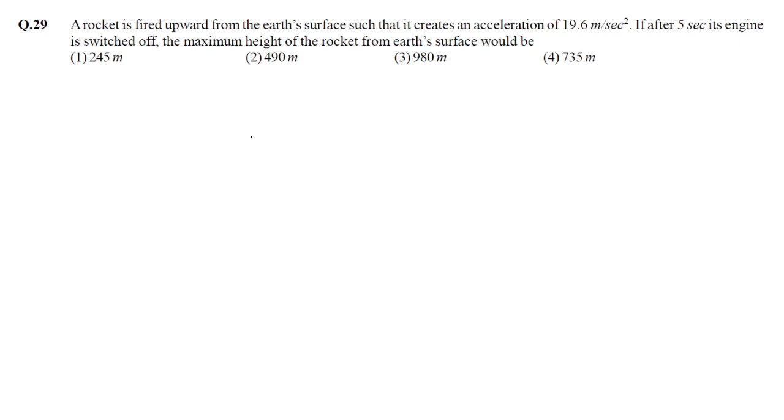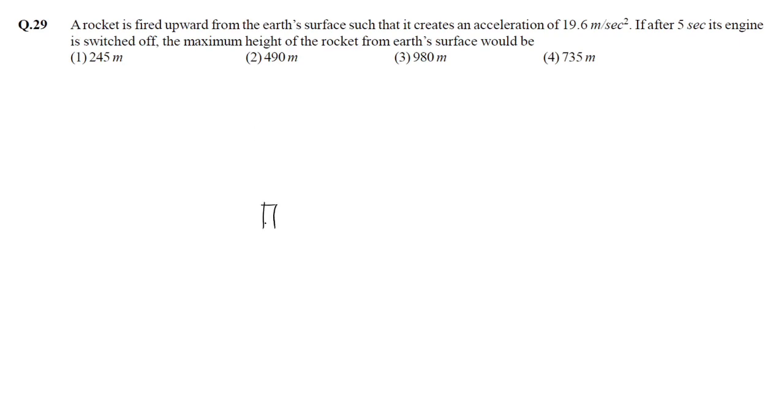See the next question, children. A rocket is fired upwards from the Earth's surface such that it creates an acceleration of 19.6 meter per second square. If after 5 seconds its engine is switched off, the maximum height of the rocket from the Earth's surface would be.